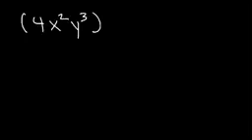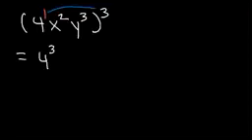Try this one. What is 4x squared y to the 3rd raised to the 3rd power? So 4 is the same as 4 to the 1st power. So let's distribute the 3. 3 times 1 is 3. 3 times 2 is 6.